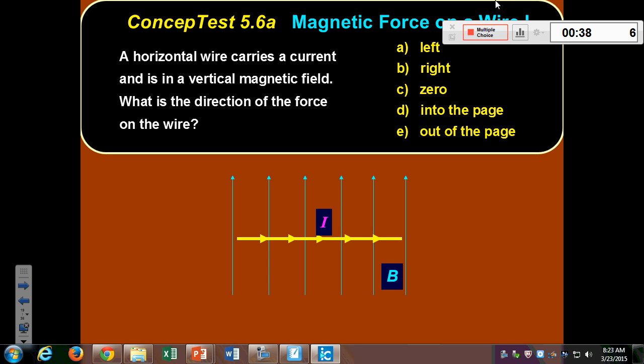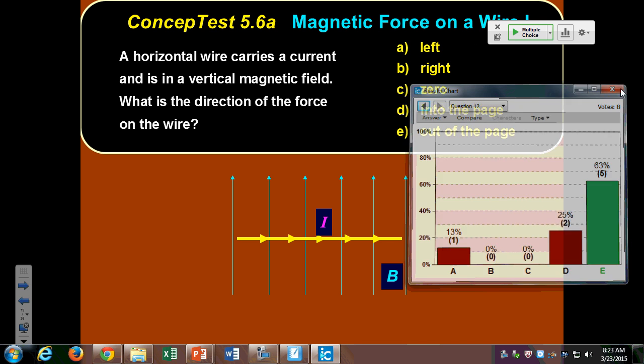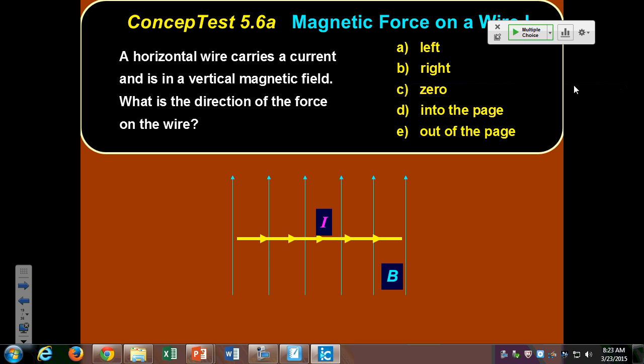Alright, I'll stop at 45. Okay, good. E is the right answer. Fingers in the direction of I, B is up, so our thumb points out of the page.